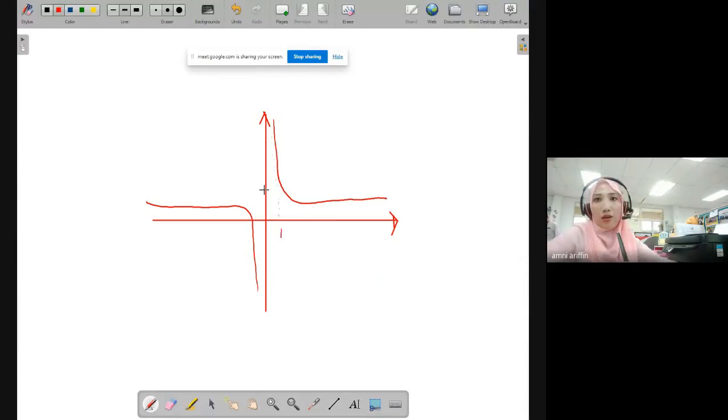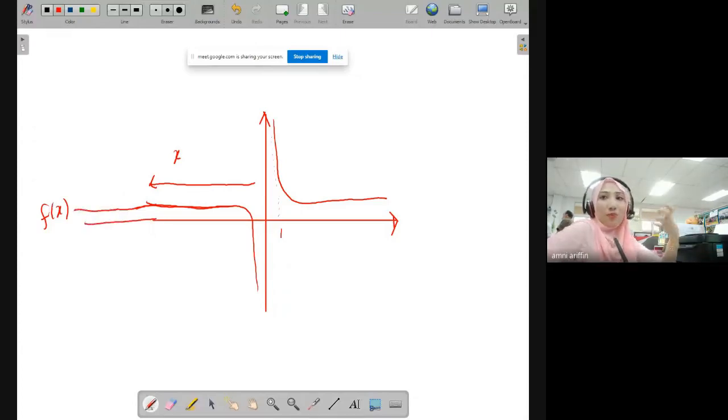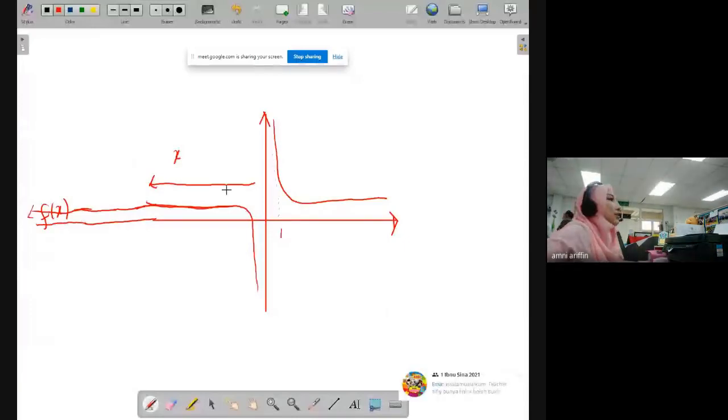Okay, kalau kamu nampak dekat sini, dia kata x tu bergerak ke sini, ke sebelah kiri anda. So, kalau kamu perhatikan fx, this is the fx graph. Dia akan decrease. Tapi dia punya decreasing tu, maksudnya dia tak akan infinity. Tak tahu berapa nilai. Dia akan decrease sampailah habis. Okay, dia non-stop. So this is for the x approach to -1.